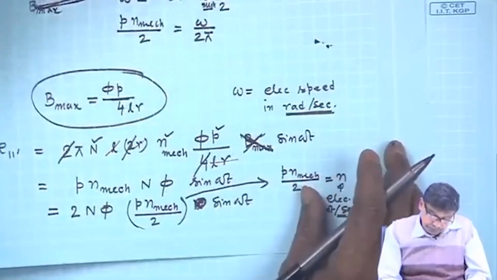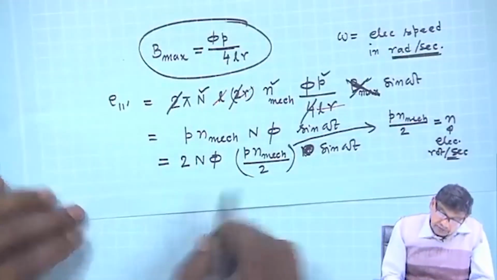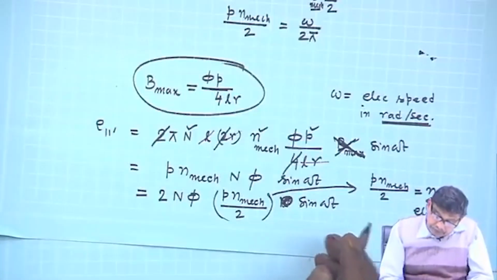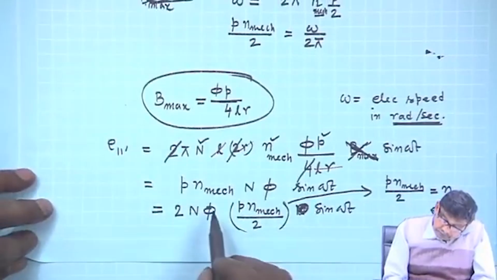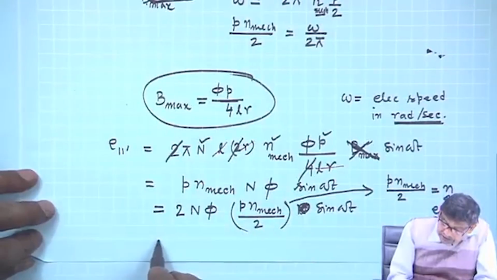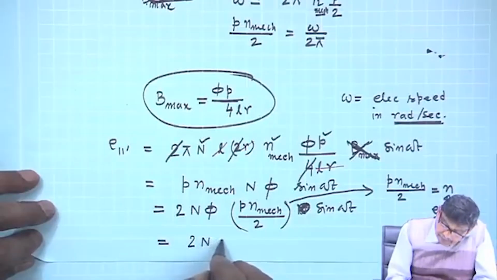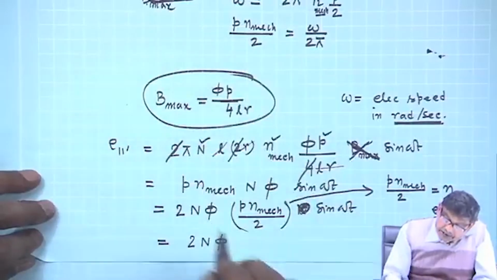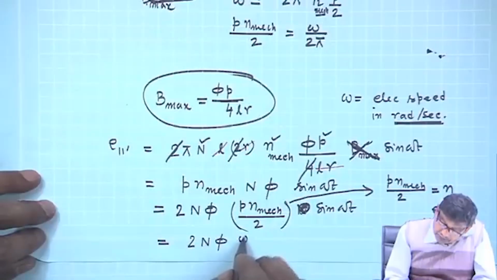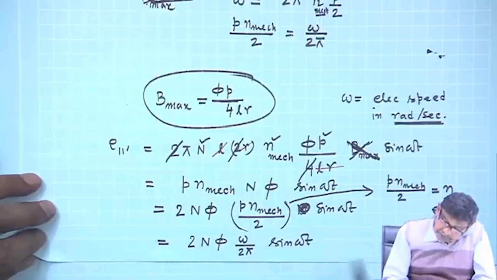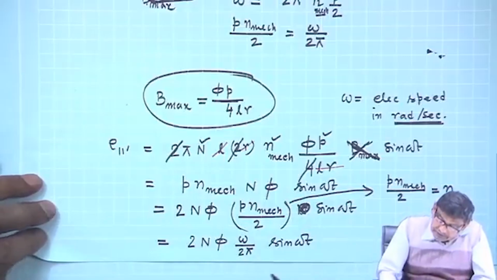So, this will then be equal to 2 N phi, and P n mechanical by 2 is omega by 2 pi, into sin omega t. Is it correct?